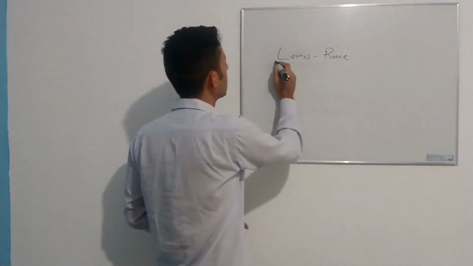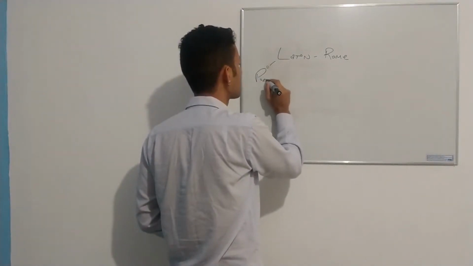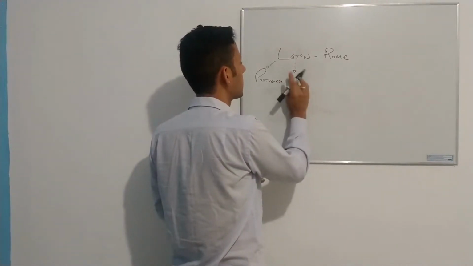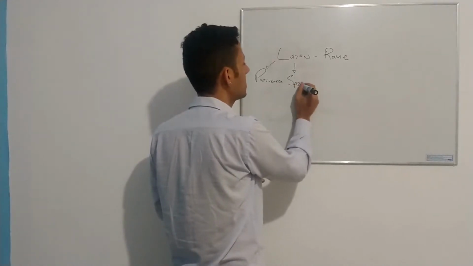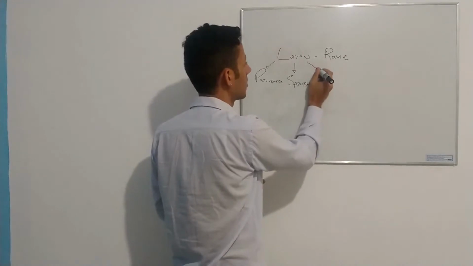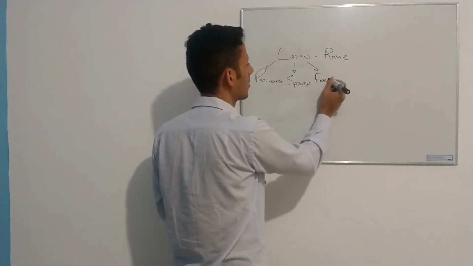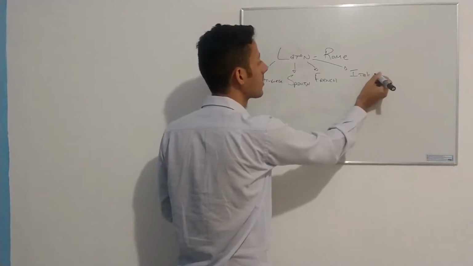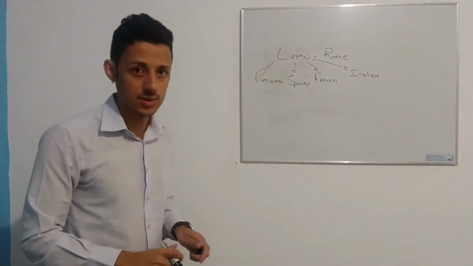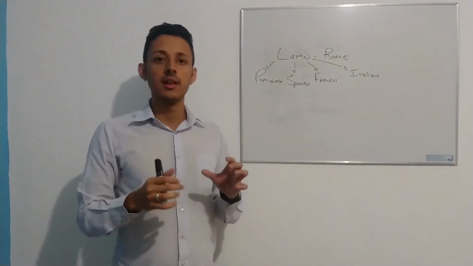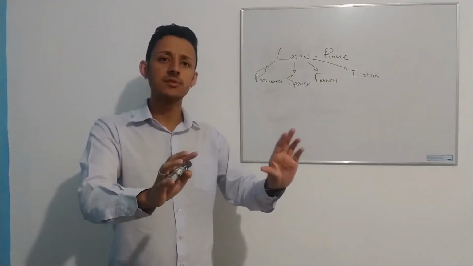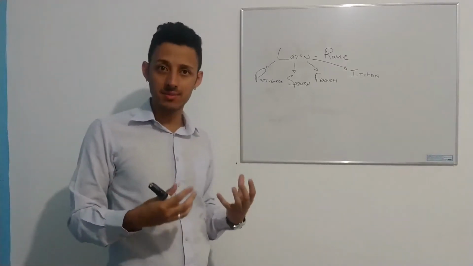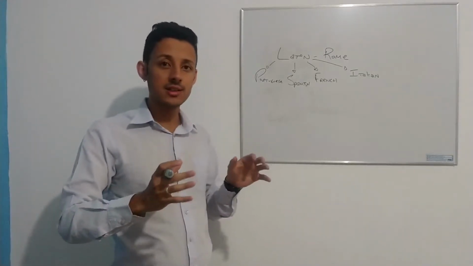We know Portuguese, Spanish, French, Italian, etc. Of course, the more distant the language is from Latin, the tendency is that it becomes more irregular, because the alphabet was created for Latin.